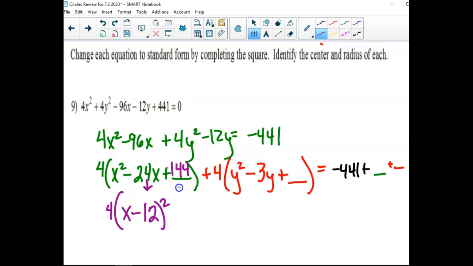Does anybody know why? Yes, because there's 4 of them there. I'm just going to write 4 times 144 over here, because I think that would help you in your notes later to know where that number came from. Does that make sense? And then back here, we have a 4 out in front. And what is half of 3?